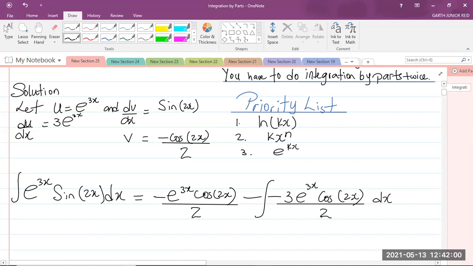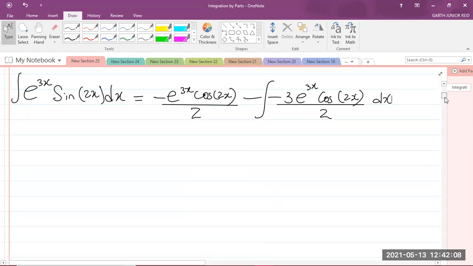Now, negative 3 over 2 is a constant. I can take any constant outside of the integral, so that is what I'm going to do here. Let me scroll down so that we get more space. So this is now going to be equal to negative e to the 3x cosine of 2x, and I'm going to divide that by 2.